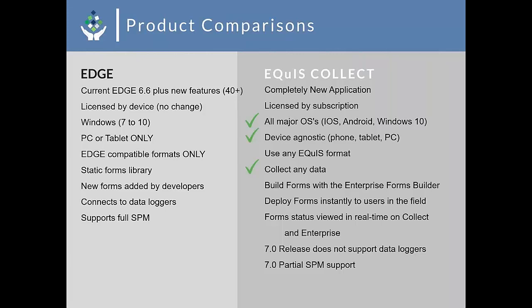I've been told that there's no plans for Edge to go away. I imagine eventually things might move almost exclusively towards Collect, or at least you'll have the option of using one or the other, with pretty much the functionality that you want. But there are a few differences right now.